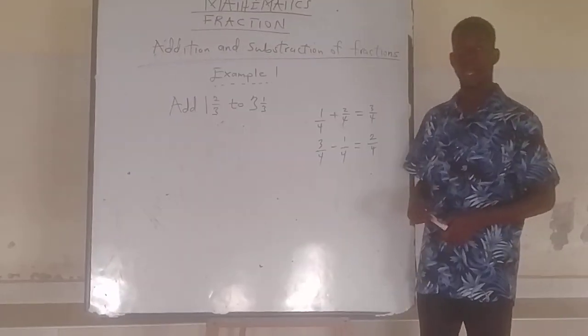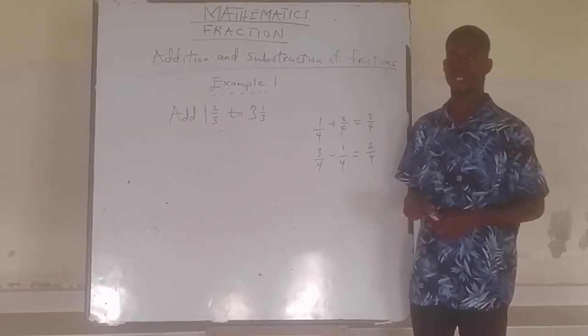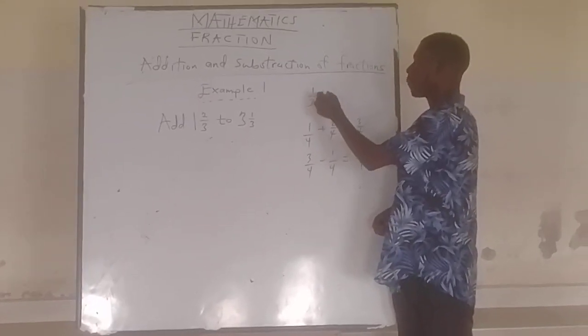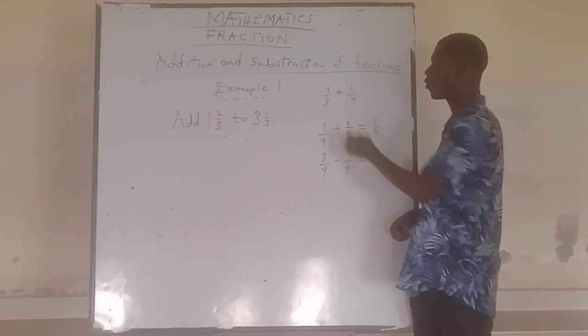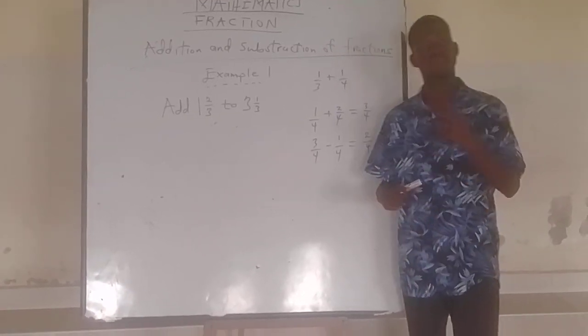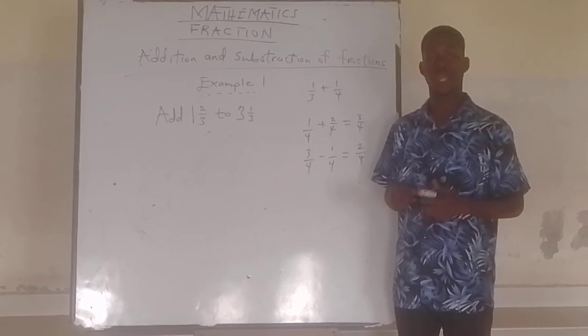But when they have different denominators, like 1 over 3 plus 1 over 4, you cannot add them unless you express the denominators to become equal.